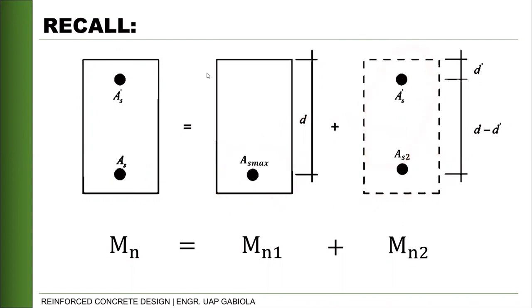effect nung additional dito. So kung itong dalawang to, tinutulungan o kina-cancel out niya yung each other, ibig sabihin yung makukuha nating value ng a, o yung ating depth ng compression block, yung value ng depth ng ating neutral axis at this section, dito sa singly reinforced beam will not be different kapag naging double reinforced na siya.